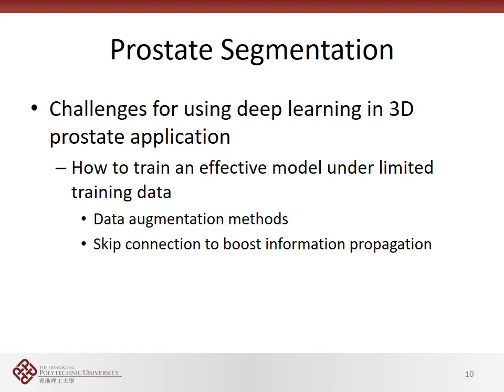Second, we propose a technique called skip connection to boost the information propagation in the network, to dig the potential of the training data to improve the performance of the model.